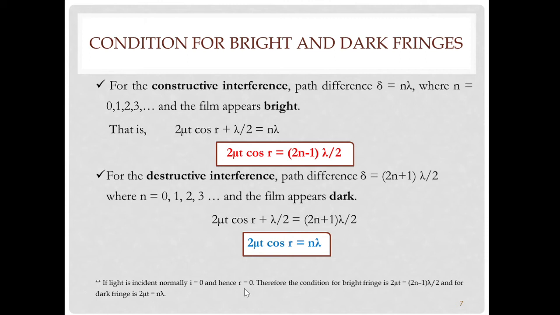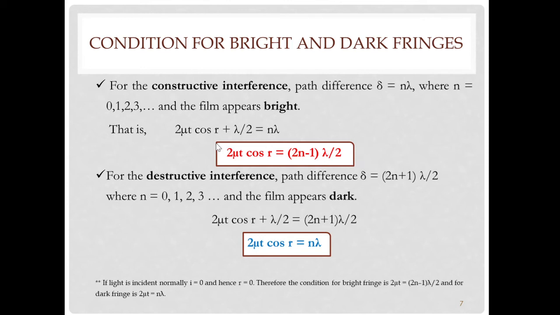We know that for constructive interference, otherwise for the film to appear bright, the path difference delta is equal to n lambda. So 2 mu t cos r plus lambda by 2, which is the effective path difference, is equal to n lambda. Or for the film to appear bright, 2 mu t cos r equals 2n minus 1 lambda by 2.